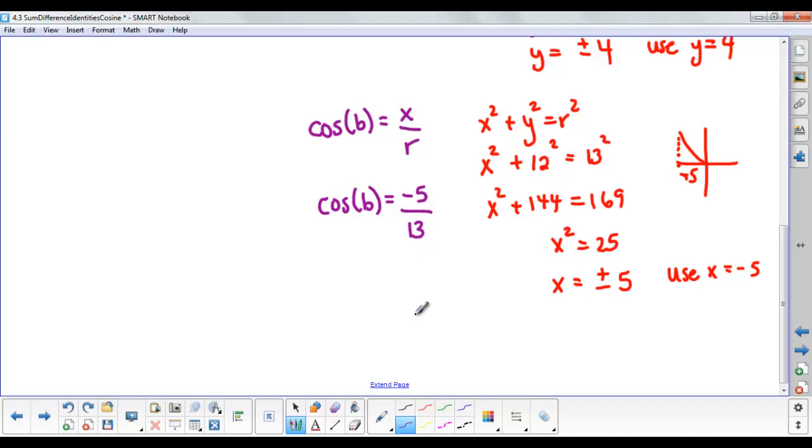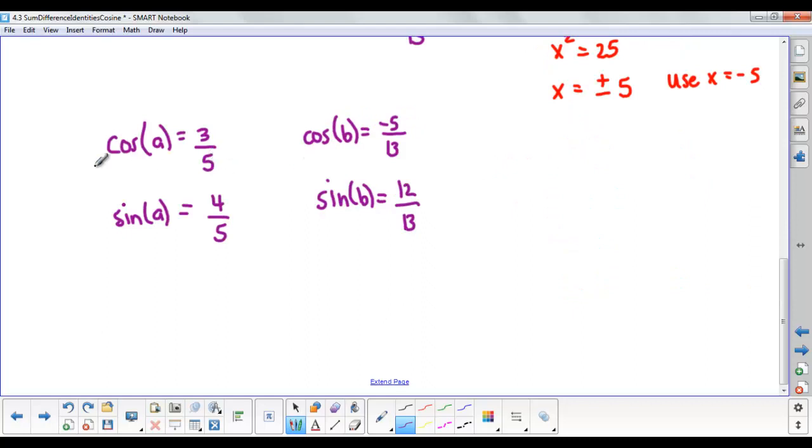Okay, so I'll just summarize what we have before we go ahead and do the question. We're going to use all of this information to answer the question. The first one was the sum identity for these two angles, so cos(A + B). If we were to expand that, it's cos the first term times cos the second term minus sine the first term and sine the second.